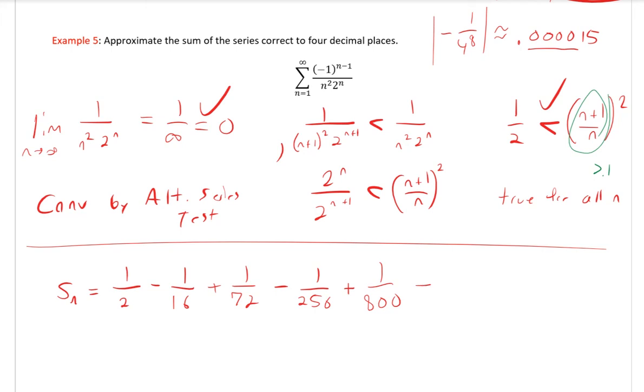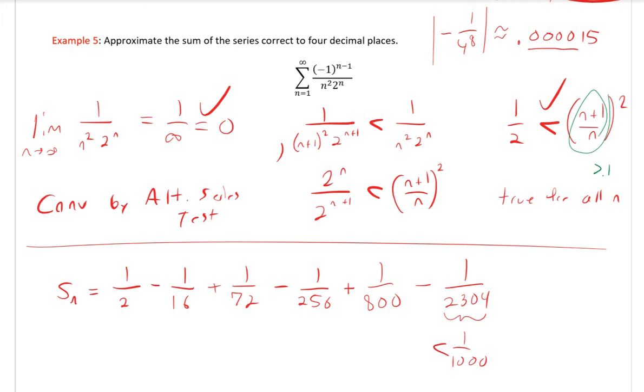And if I do one more, if I do the 6th power, I get 36 times 2 to the 6th power, which is 64. So 36 times 64 is 2304. And we should start to see that 1 over 2,304 is less than 1 over 1,000, which is 0.0001.